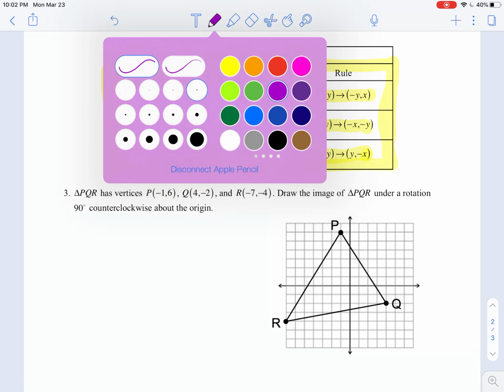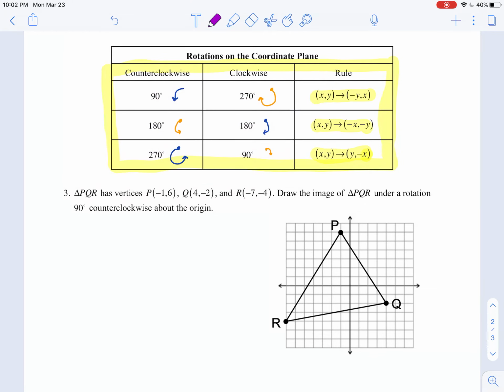Let's go through two examples together. If you take a look at question number 3, we have triangle PQR on the coordinate plane, and the directions say draw the image of triangle PQR under a rotation 90 degrees counterclockwise about the origin. So for a 90-degree counterclockwise rotation, we use the rule where each point (x, y) becomes (negative y, x). Switch the coordinates, make the new x coordinate negative.